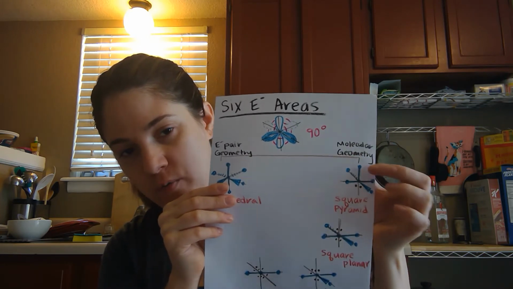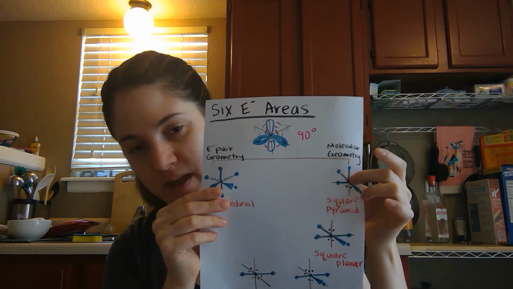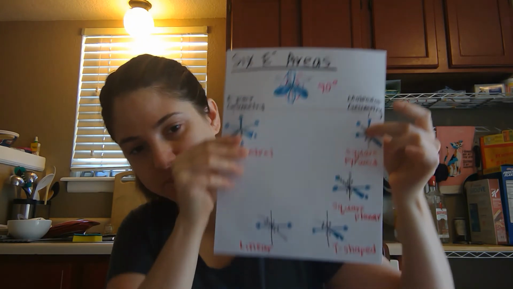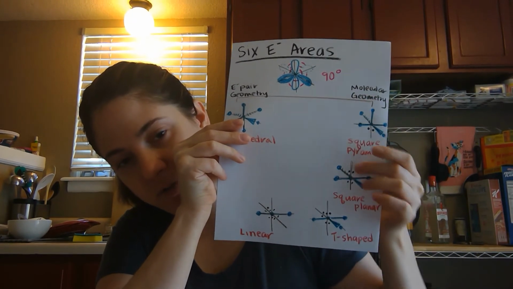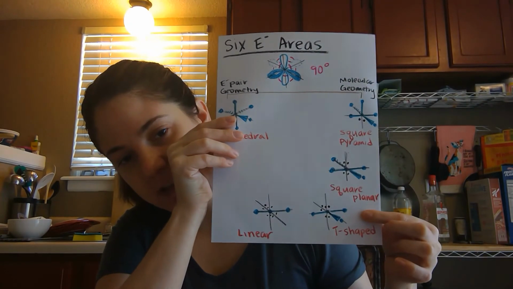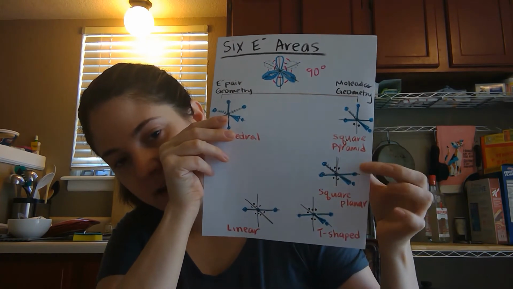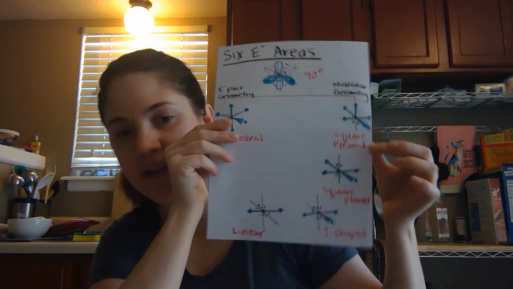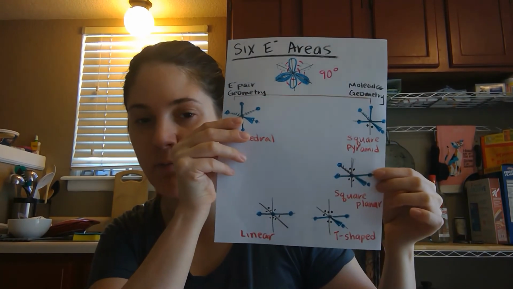Those next 4 will still be arranged in a plane around it, and then there will be another bond coming out from the top. The next possibility would be replacing another bond with a lone pair, and that would get to this shape. So 4 bonds, in the shape of a square in the plane, with 2 lone pairs. That's called square planar. Makes sense because it's square shaped in a single plane.